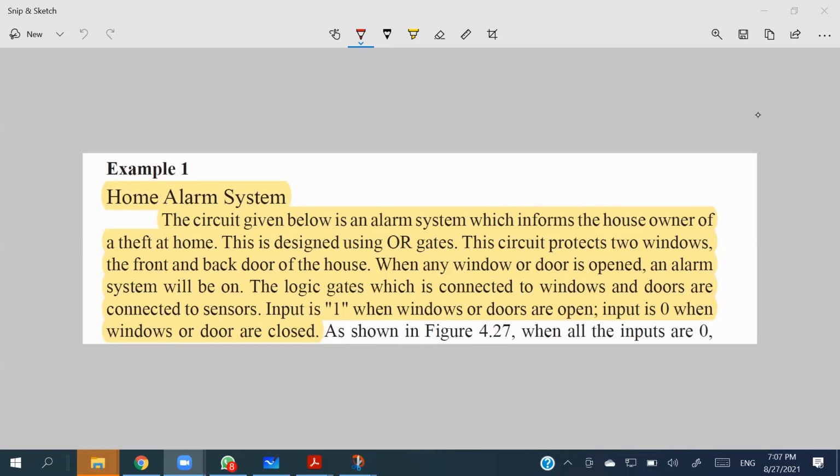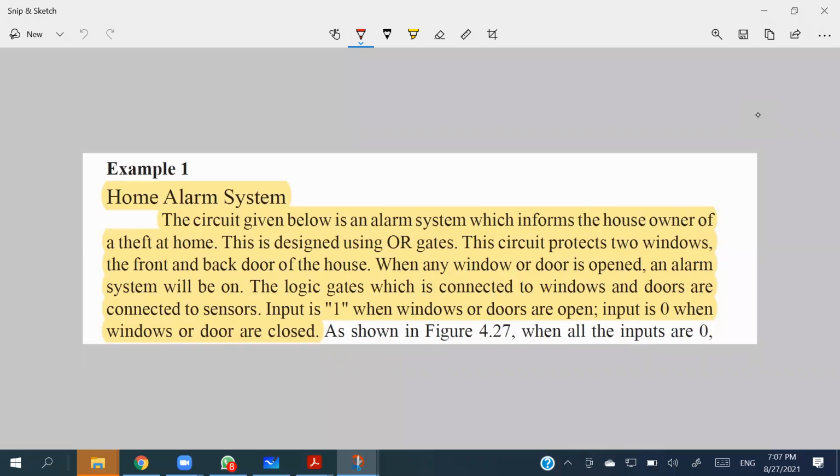Okay, so what is this all about? Now they are talking about a home security system, right? Which alarms you when a particular theft is going on, right? So they have two windows and two doors, and those are connected with sensors.